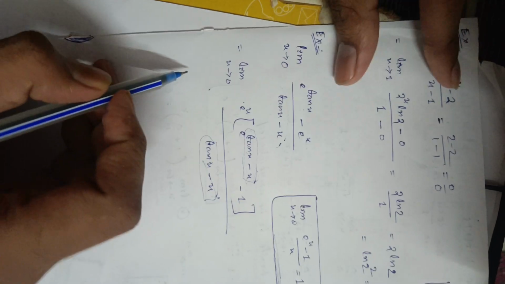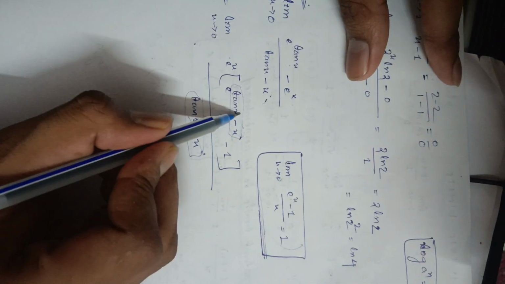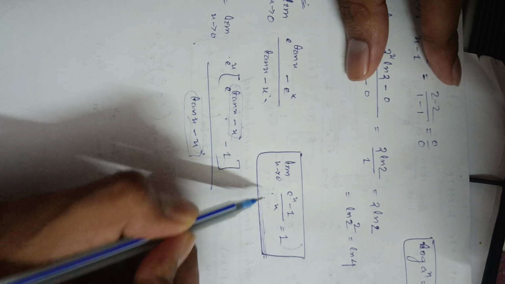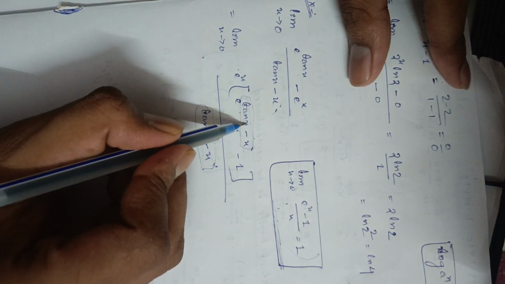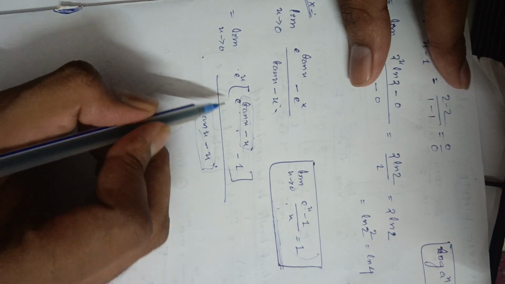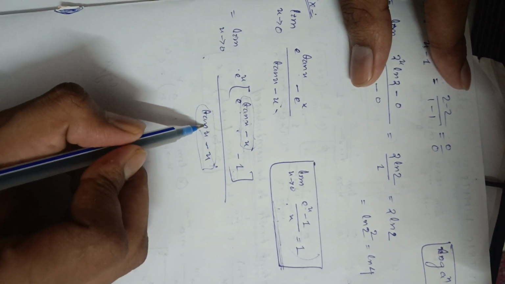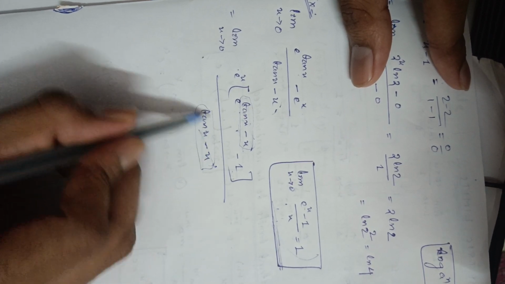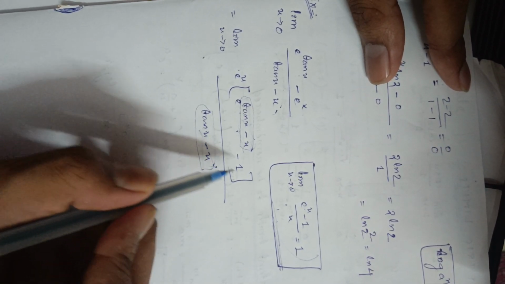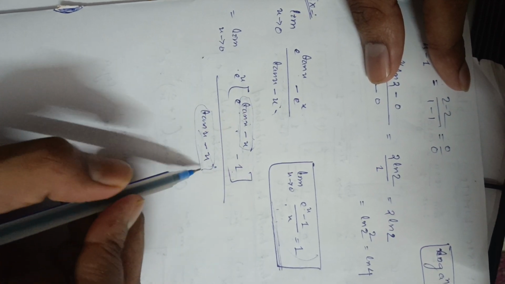After putting 0, it will become tan 0 minus 0, which is equal to 0, and e power 0 is equal to 1, 1 minus 1 is 0, and tan 0 minus 0 is 0, so this will also be 0. This will again be the 0 by 0 form.